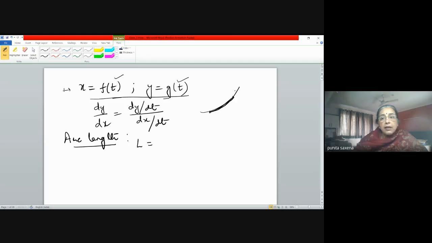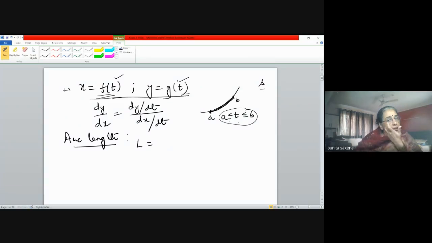Arc length in Cartesian form, if you remember, we denoted by S. So in case you have a parametric equation and you have to find the length of this curve, not when x or y varies between a and b, but when t varies between a and b, or say t1 and t2, then even x and y are limited. So we are taking out a limited portion of this curve, and we are interested in finding its arc length.